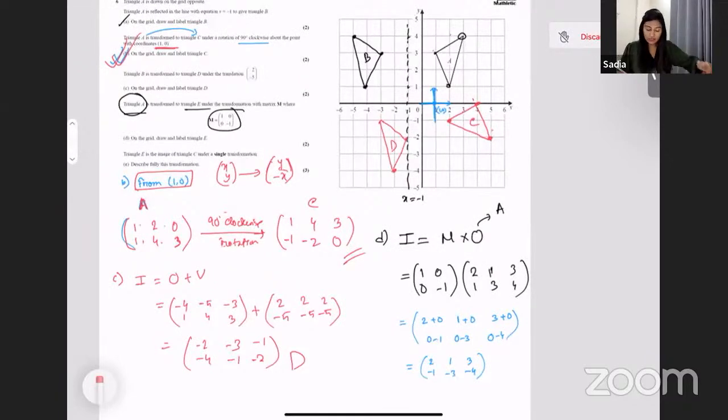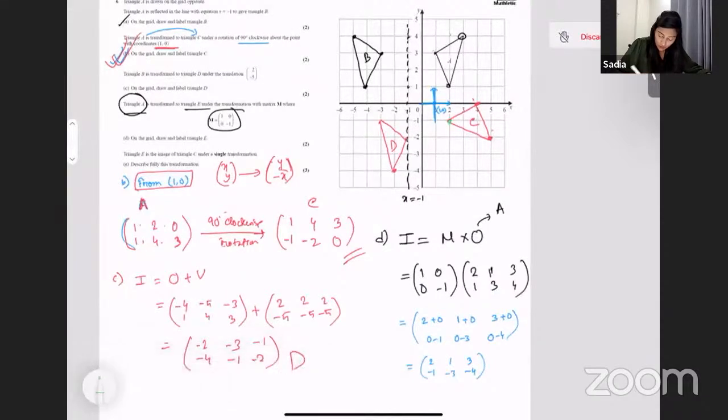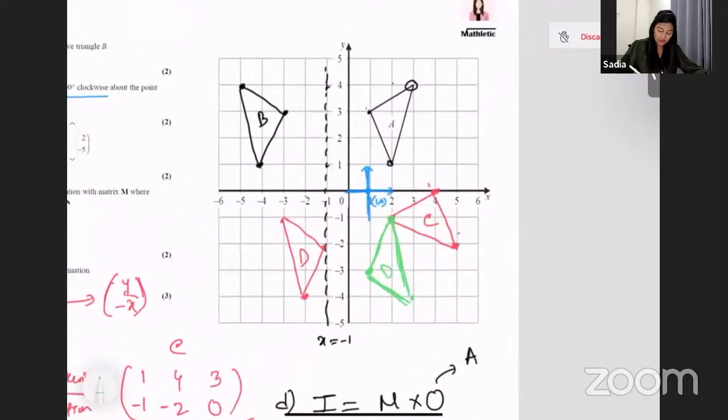So triangle E is actually 2 minus 1, then 1 minus 3, then 3 minus 4. This is it, triangle E.